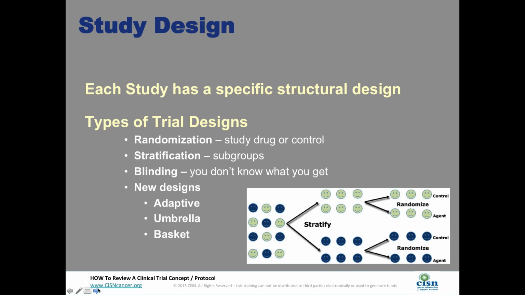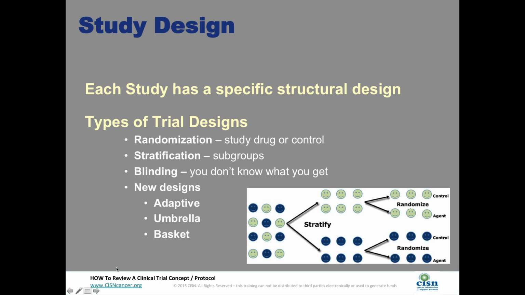Then they move to a study design. And each study has a very specific structural design. There's some very standard formats. We're just talking a little bit about it here because Patty is going to do an entire training on clinical trials, and it'll have a lot more on design.